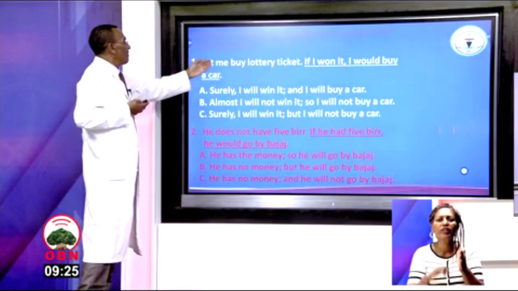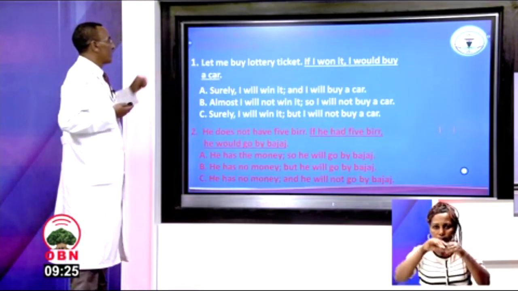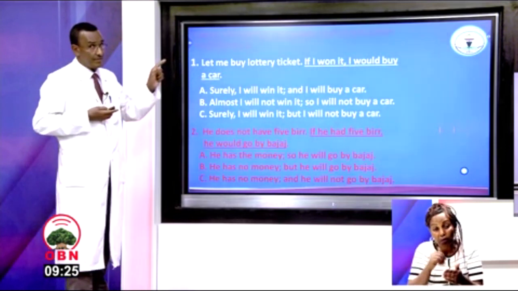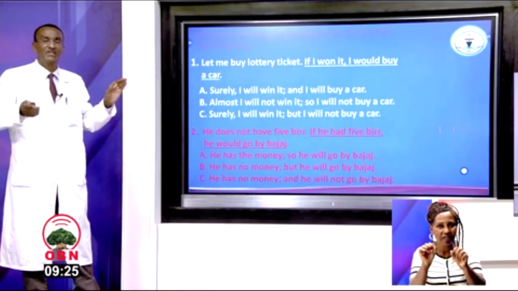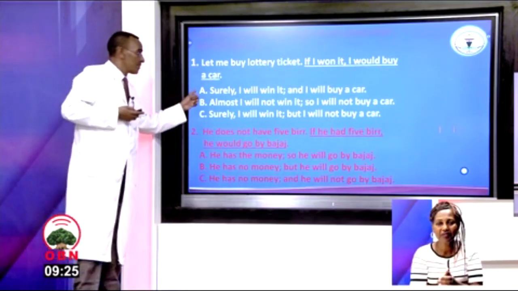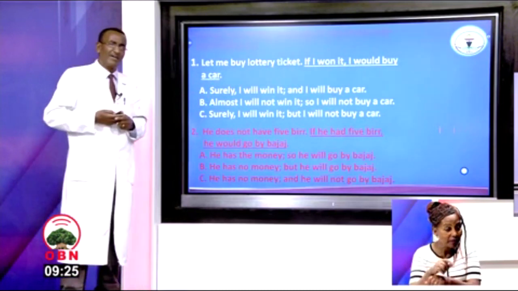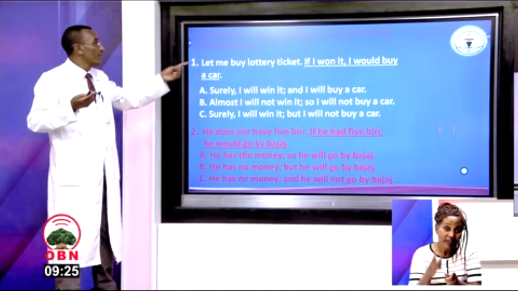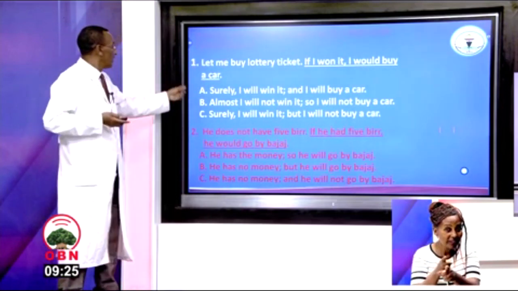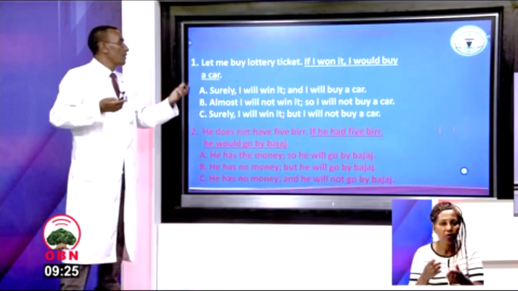Example, number 1: let me buy a lottery ticket. If I won it, I would buy a car. This really means, A, surely I will win it and I will buy a car? Is this the real meaning for this one? I don't know. B, almost I will not win it, so I will not buy a car.